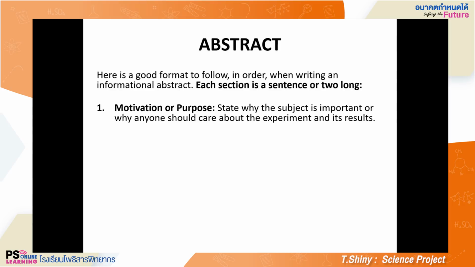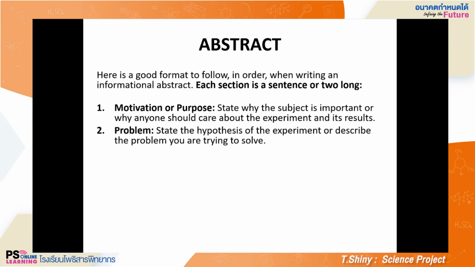Why have you chosen this project? So this is very important. You have to write down your motivation or your purpose, why you have selected the science project, and why anyone should care about your experiment or its result.